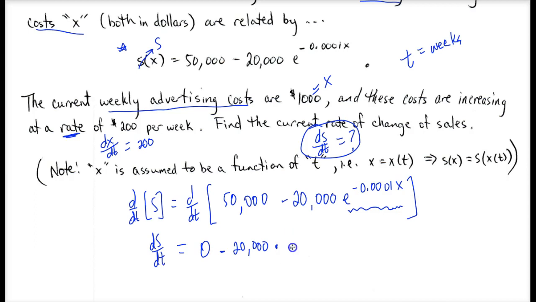So the derivative of e to the blah is just e to the blah times, now we need to take the derivative of the inside function, which is the negative 0.0001 x, and we need to take the derivative of that with respect to t. And of course, the derivative of all of that is just going to be the constant, the 0.0001.